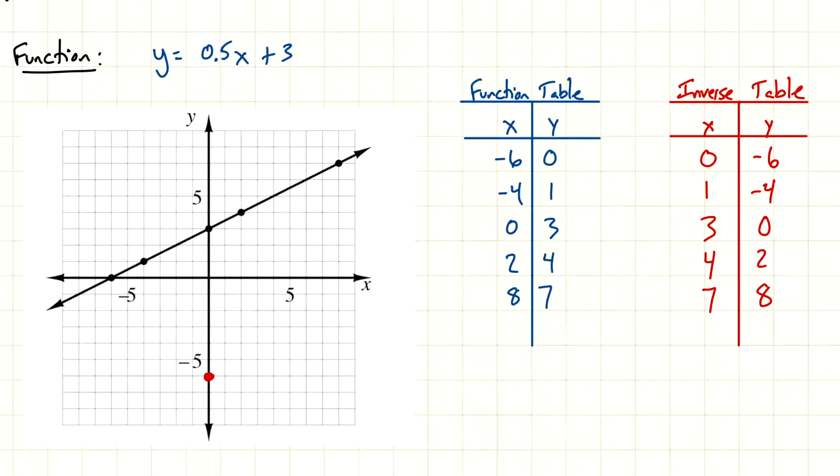I'd recommend, if you have different colors in your notes, to use them for this. It'll stand out a lot more so we don't confuse the two functions that we're going to be adding on the same graph. All right, so (0, -6), (1, -4). Go ahead and plot all these points. Take a minute to do that.